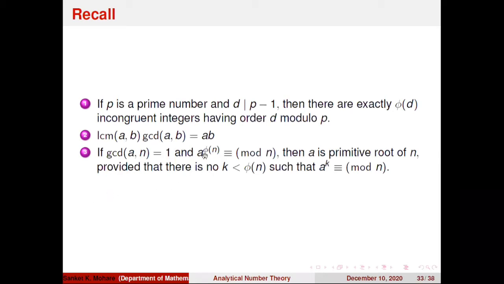So what happens if a to the power k is congruent to 1 modulo n, where k is other than phi of n? Can we say a is a primitive root of n? No, we do not say like that. So whatever I told you in the last line, we will use as a result to prove the theorem.